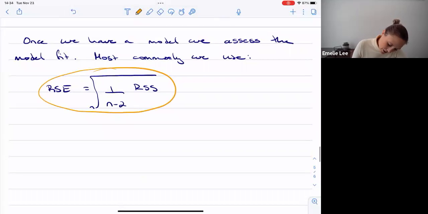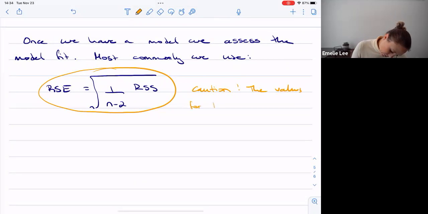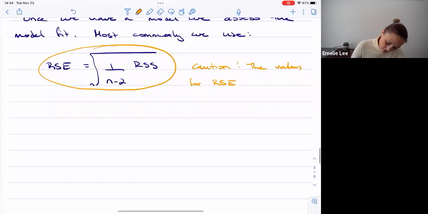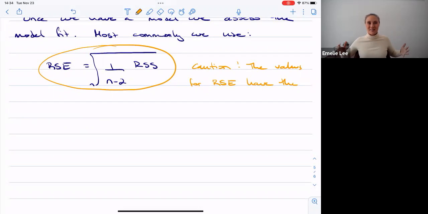Okay, so caution: the values for RSE have the same units as y. So if y is in some huge unit, then your RSE is also going to be in that huge unit.